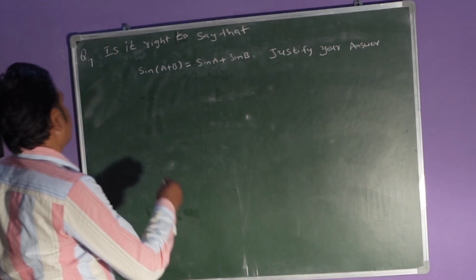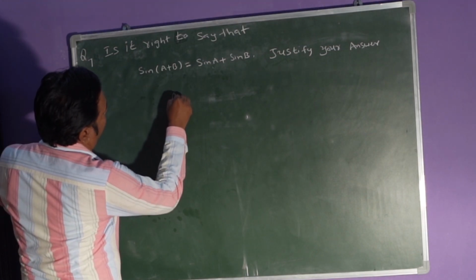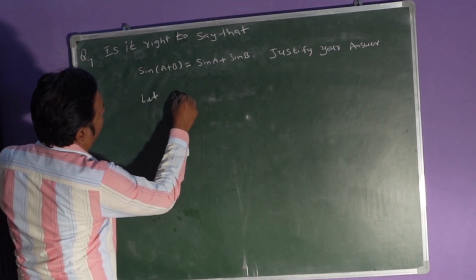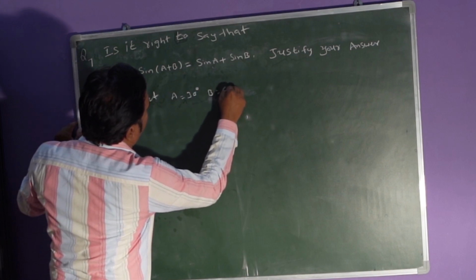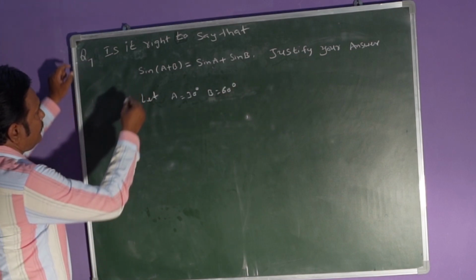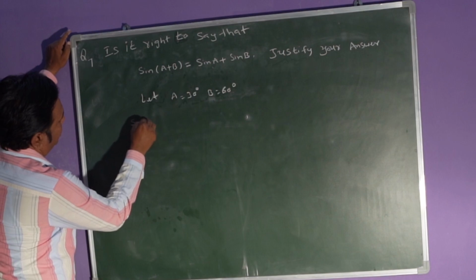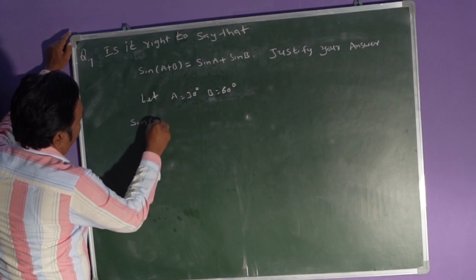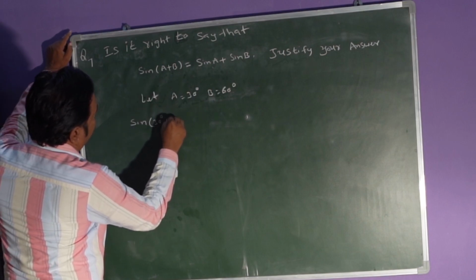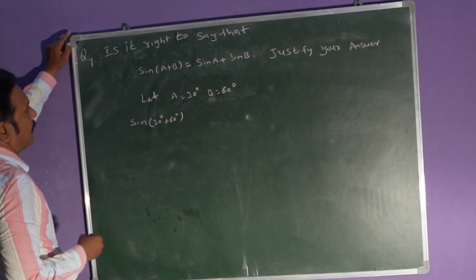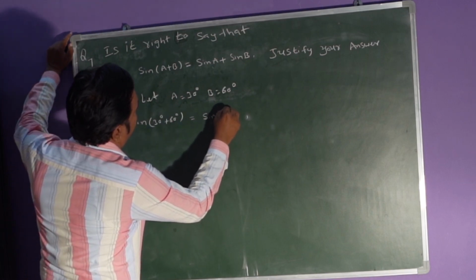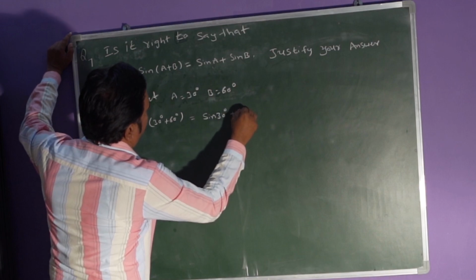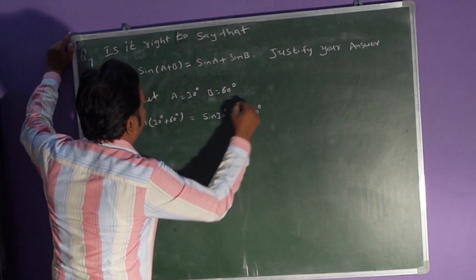Okay. First, I will take the values. I will take a is equal to 30 degrees and b is equal to 60 degrees. Then sine of a plus b means sine of 30 degrees plus 60 degrees, is it equal to sine 30 degrees plus sine 60 degrees?